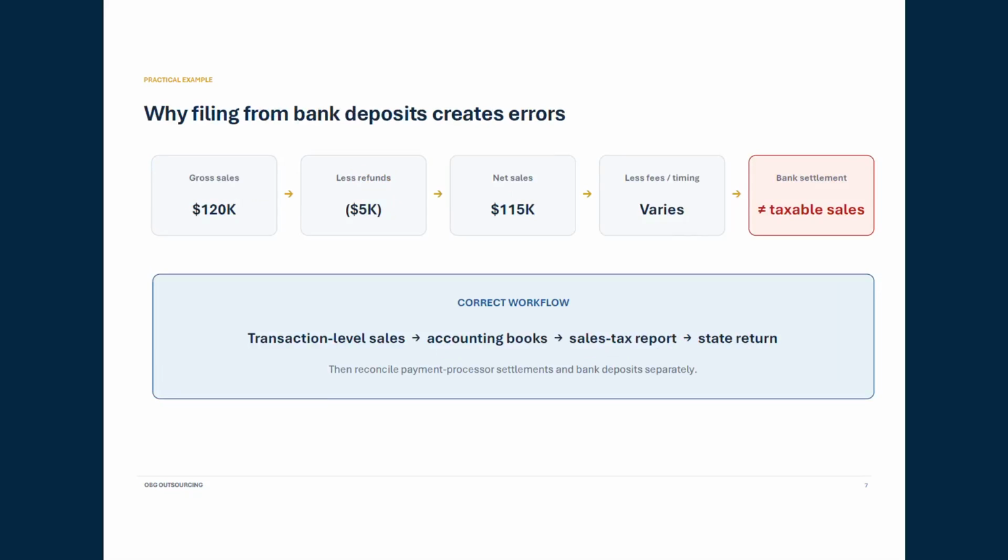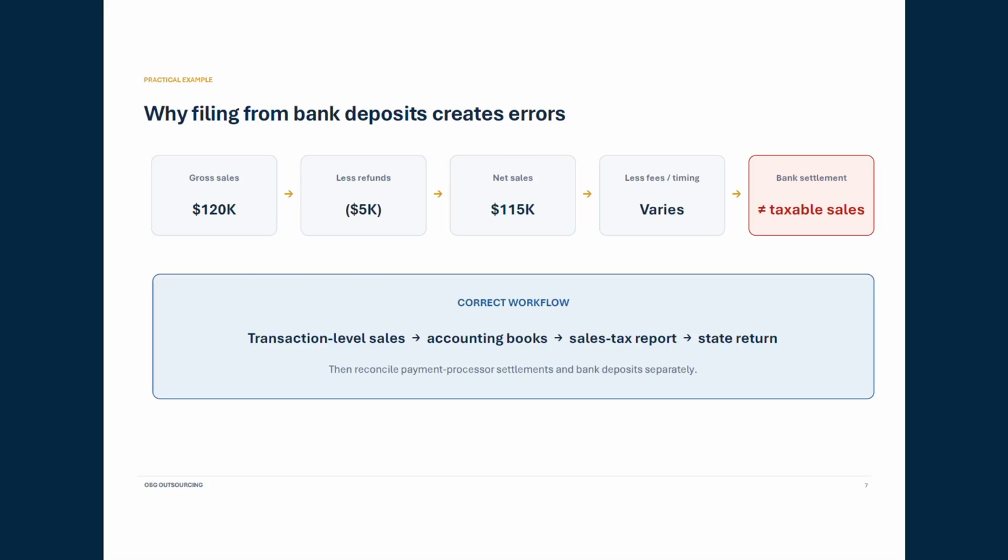A common mistake is preparing the sales tax return from bank deposits. Consider this example. Gross sales are $120,000. Refunds are $5,000. So net sales are $115,000. But the bank deposit may be lower because payment processing fees, reserves, chargebacks, or timing differences are deducted.